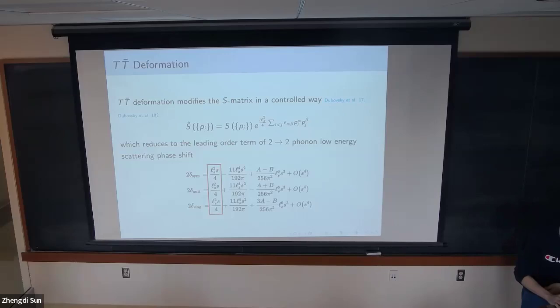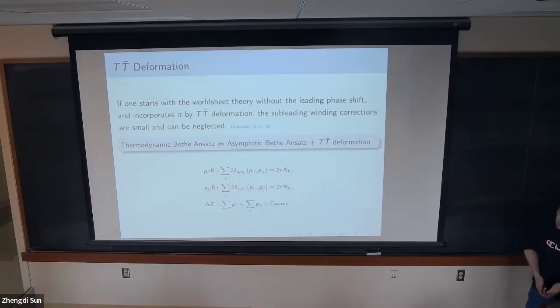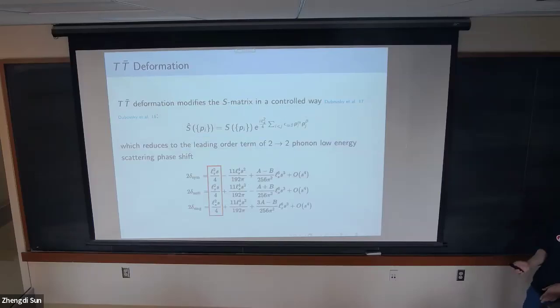So this leads to the following strategy for computing spectra of confining strings in Yang-Mills theory. We can first start with the worldsheet theory without the leading order phase shift. That is to say, we start with all the phase shifts here, but we throw away the leading order contribution.